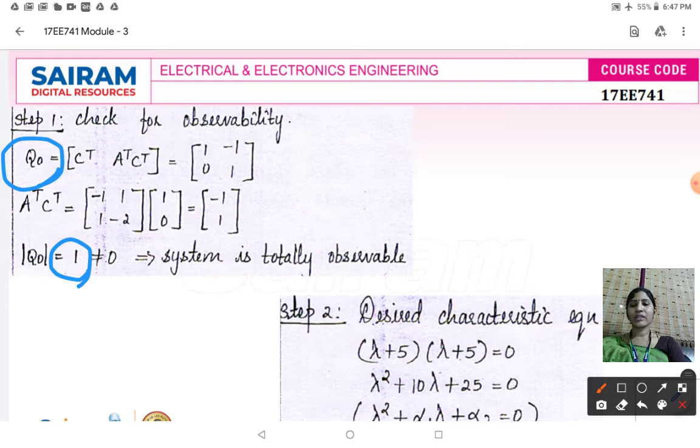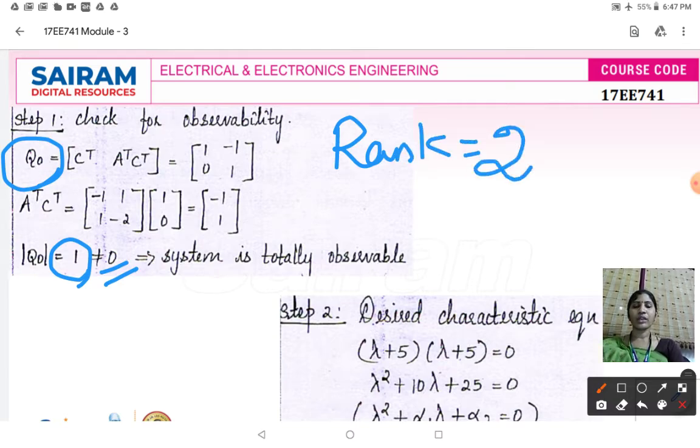Since this determinant value is not equal to 0, we can say the rank of the matrix is equal to the number of state variables. In this problem, the number of state variables is 2. So we can write rank is equal to 2 and we can say the system is completely observable.